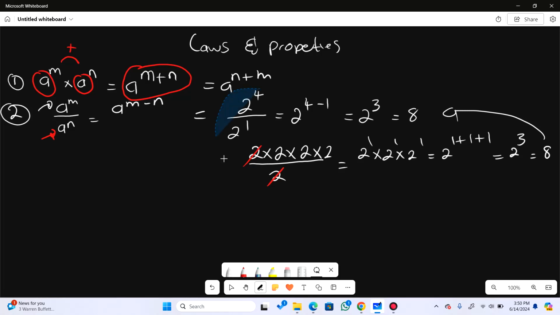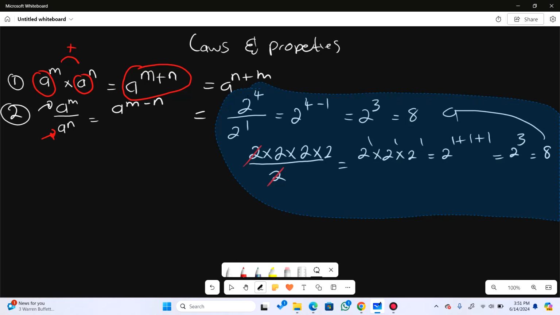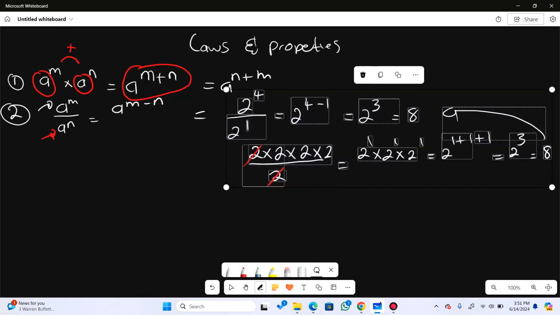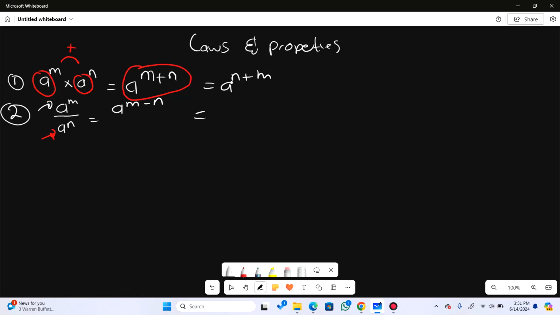So this is very important to note. The order here matters. When we add, the order doesn't matter. Okay, so this is m minus n.